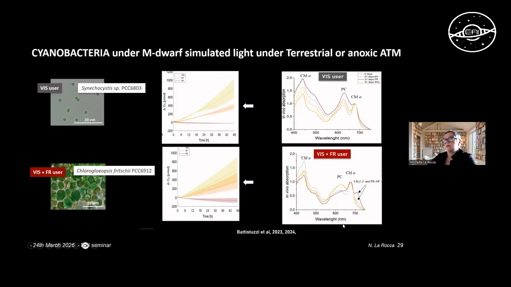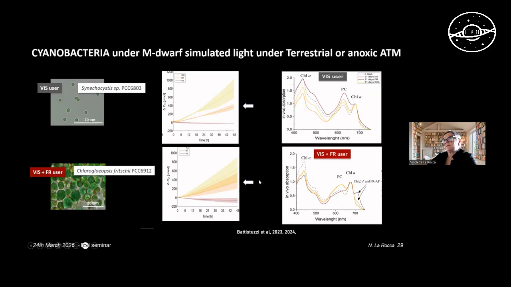If we have, as an example, a selection of a type of organism that can utilize infrared light, we will observe a change in the reflectance, so in the red edge, in particular due to the absorption of infrared light by chlorophyll d and f. So it appeared that the species capable of utilizing infrared light besides visible light had some more chance to photosynthesize and release oxygen under M-dwarf spectra.